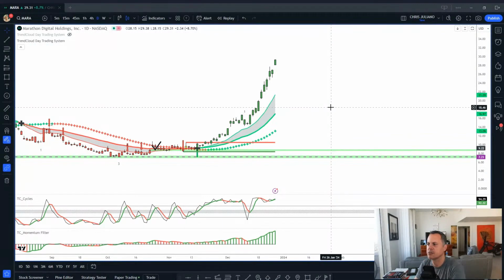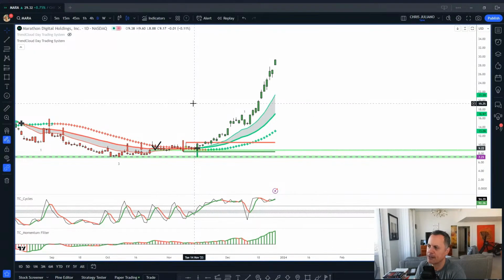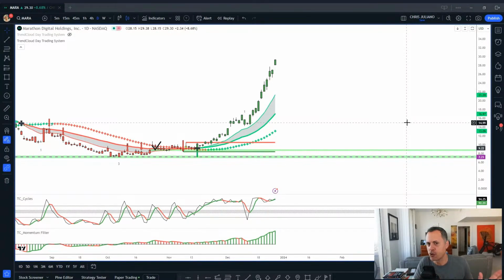So Hitch was using TrendCloud to accumulate stocks that he believes in. And when you apply that approach to an investment style of trading, you're never going short, right? So we don't short stocks that we believe in.